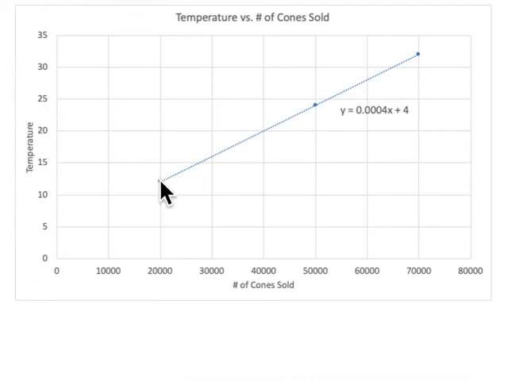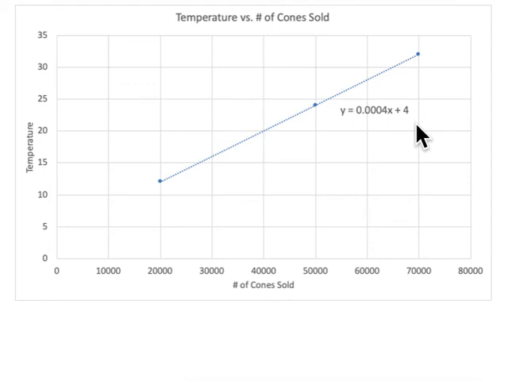I plotted my points here, and then I just did a line of best fit. I'm not expecting you to have this equation right away. It didn't ask you to make the equation, but I just want to show you how technical this can be. I did this in Excel, plotted these points, drew my line of best fit, and then did an analysis and got an equation of a line.